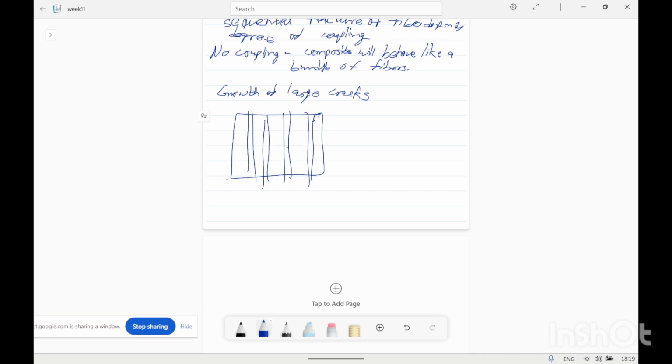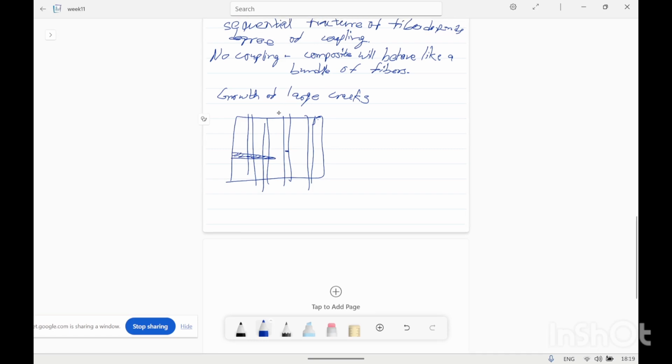So the crack in fiber will propagate in this direction and one big crack is propagating from the matrix to the fibers and load is applied in this direction. So failure will occur in this condition in fiber and matrix both.